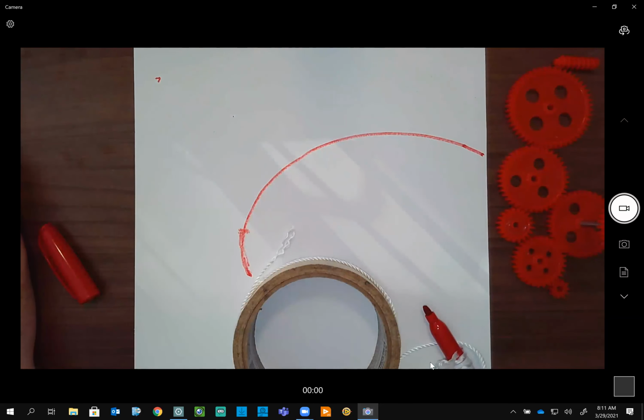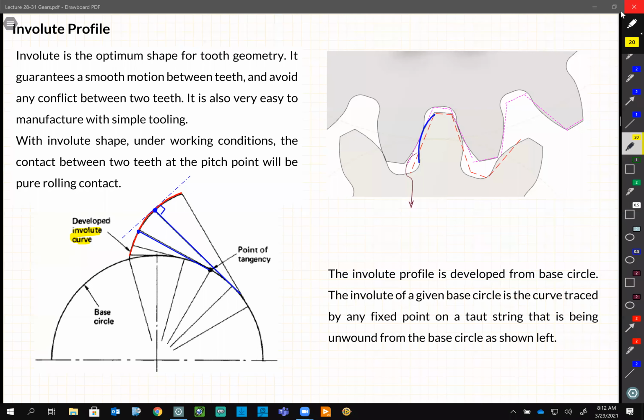Okay, so now let's close that camera and come back here. So this is then what makes the profile of a tooth for a gear.